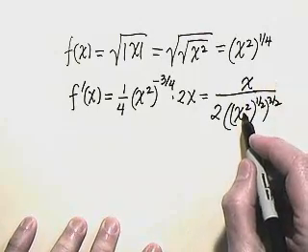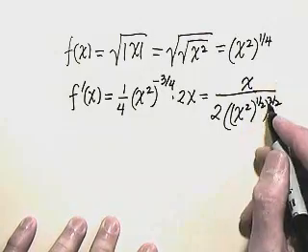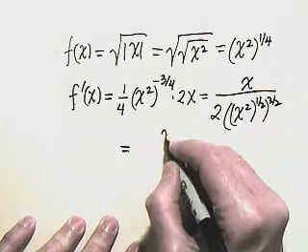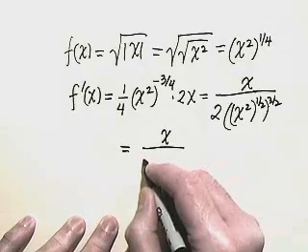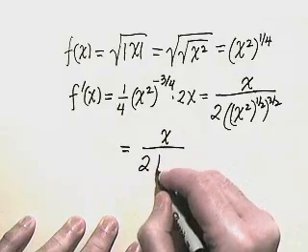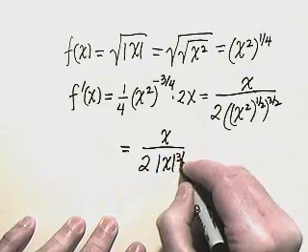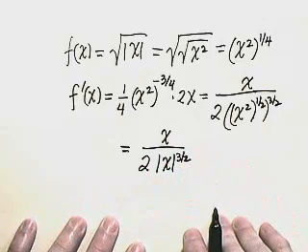Notice x squared to the 1/2 is absolute value of x, so we end up with x divided by 2 absolute value of x raised to the 3/2 power.